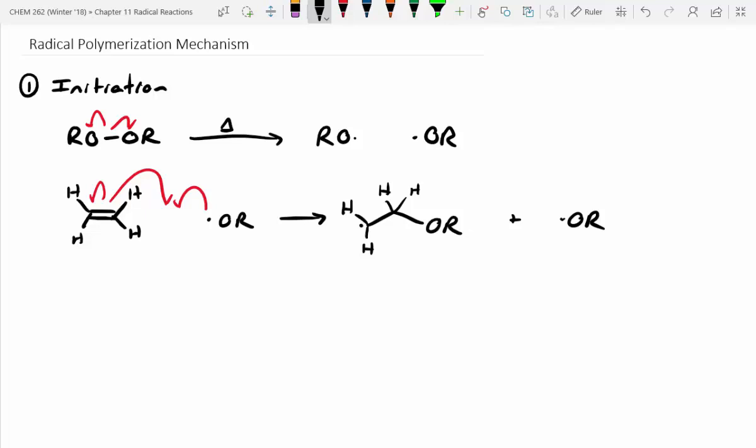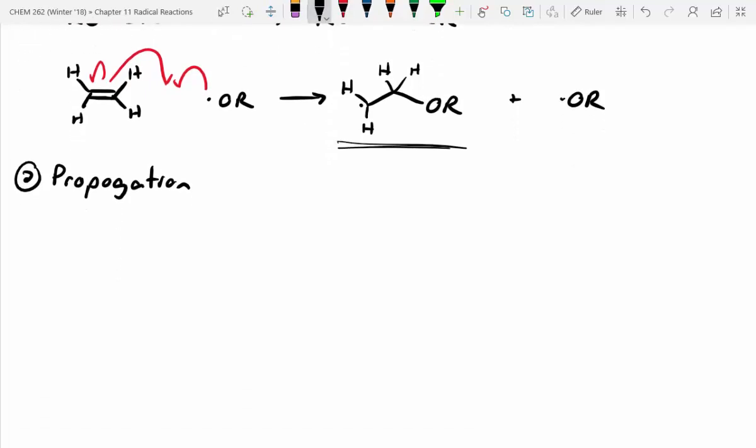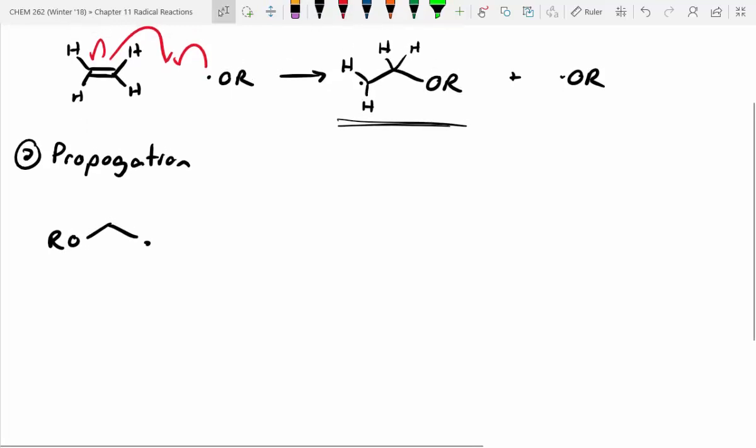Now what we need to do is propagate it, right? That's step 2. And with propagation, you're going to take this initial radical that we formed and we're going to try to lengthen it. So I'm just going to spin this around horizontally.